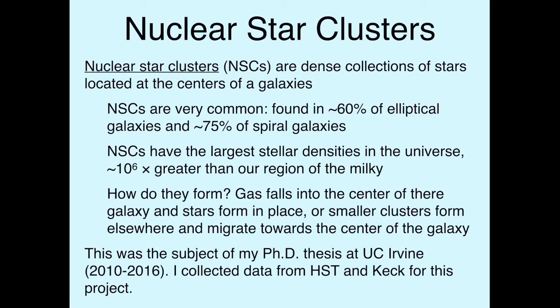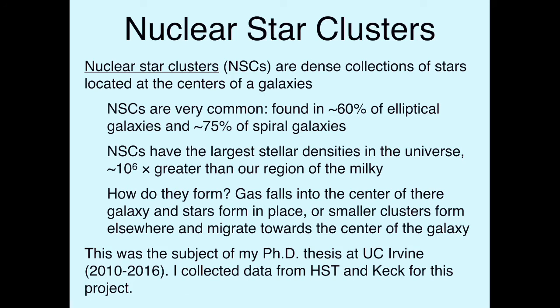So, one obvious question is, how do these things form, and why are they so common? Why is it that almost every galaxy we look at has one of these at its center? Well, there are basically two theories. One says that gas falls into the center of the galaxy, and then stars form in the center of the galaxy out of that gas.